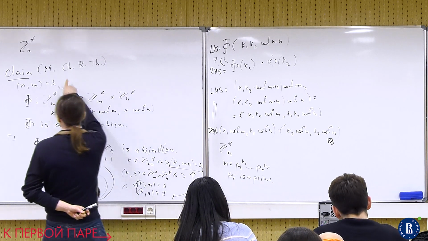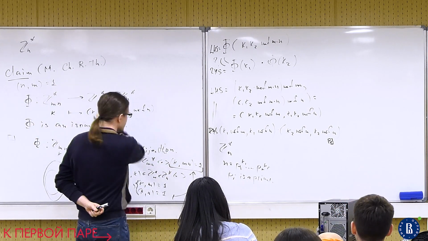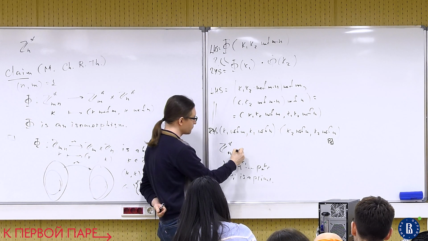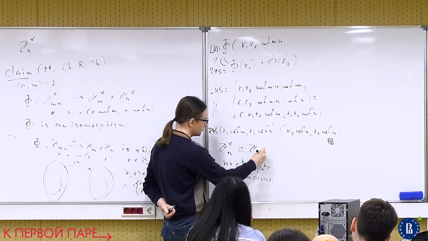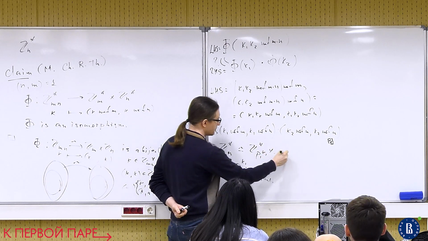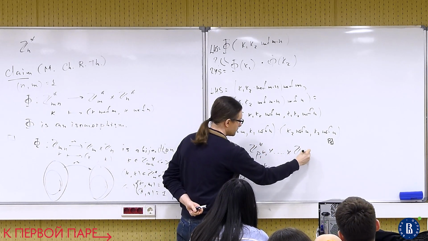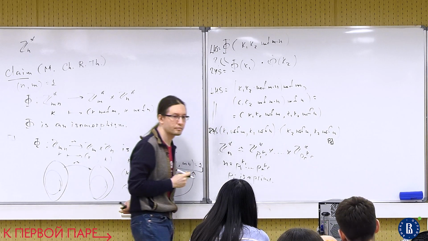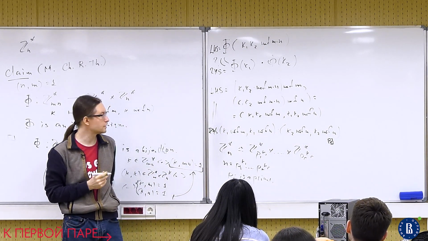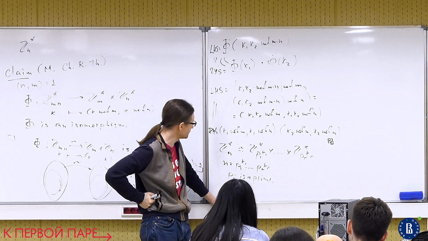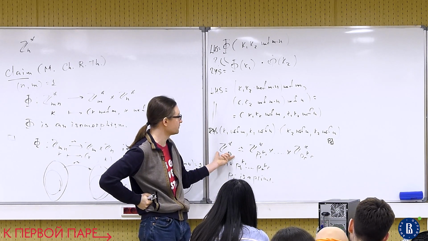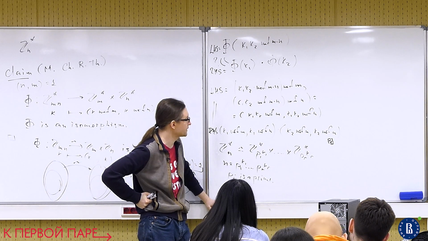Then, using the Chinese remainder theorem, in this form, we see that we can split this thing into the product of this form. Okay? So this is the first step in order to describe this thing as a product of cyclic groups.